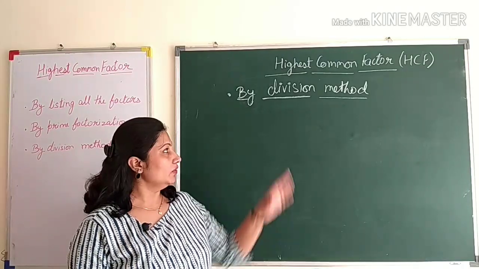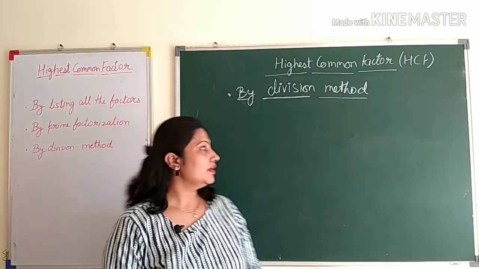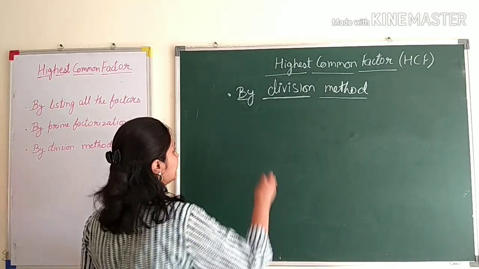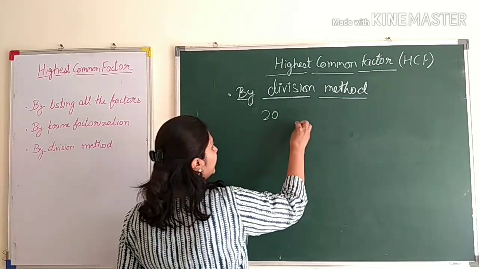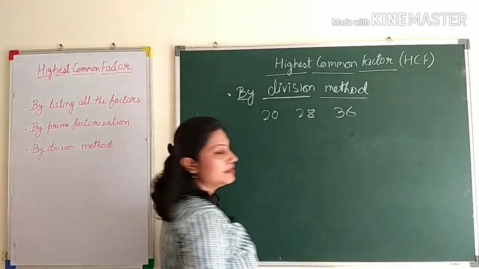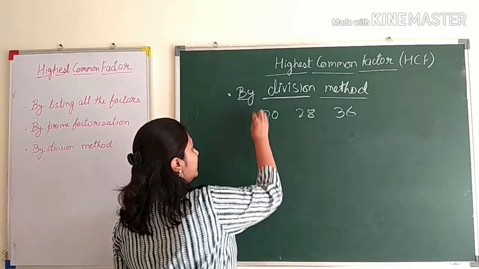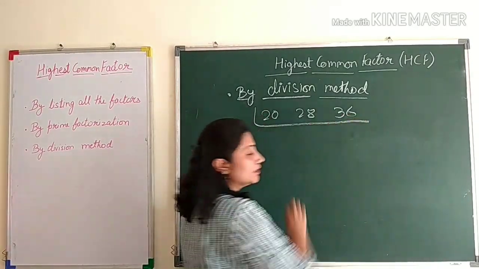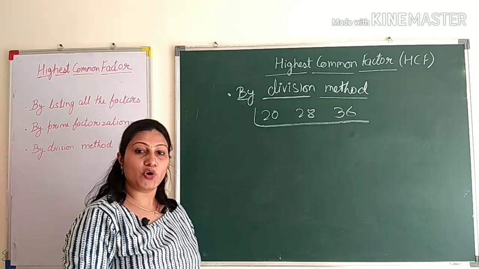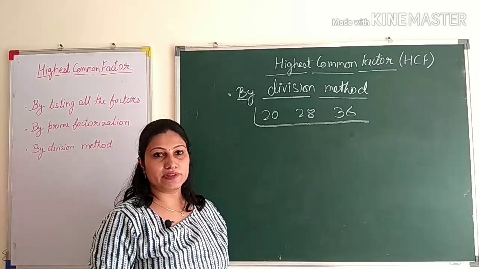Now we will find out HCF by a third and final method, the division method. By the division method, let's take an example. 20, 28 and 36. Here I am taking 3 numbers together. In this division method, I will divide the 3 numbers together with a common prime number. Here you can see all numbers end with an even number.